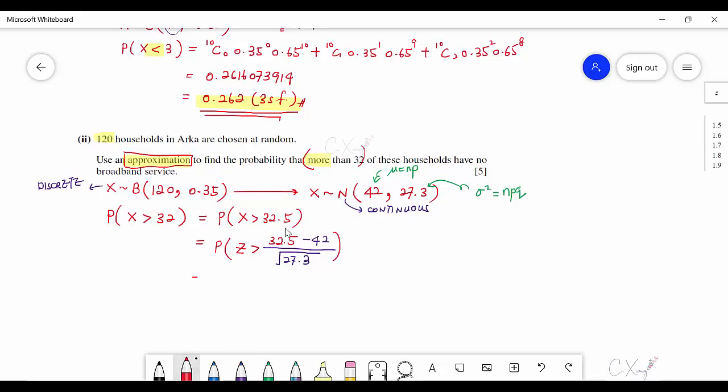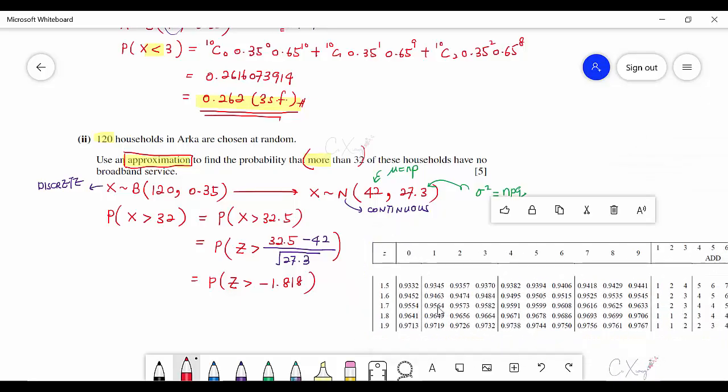After that, make sure you press the calculator to get the value of Z to 3 decimal places, which is negative 1.818. Why keep 3 decimal places? Because in our table, we can find the probability for the value of Z up to 3 decimal places, the maximum decimal places.